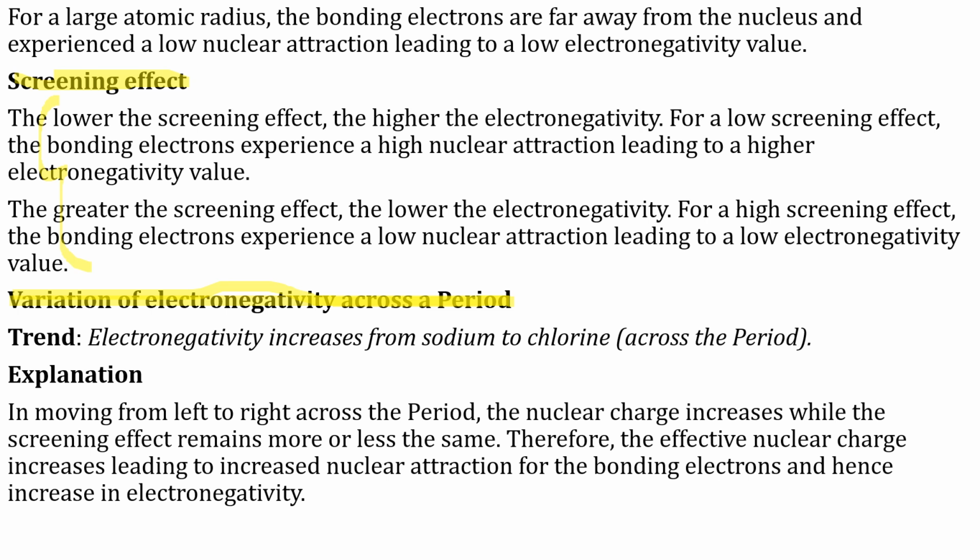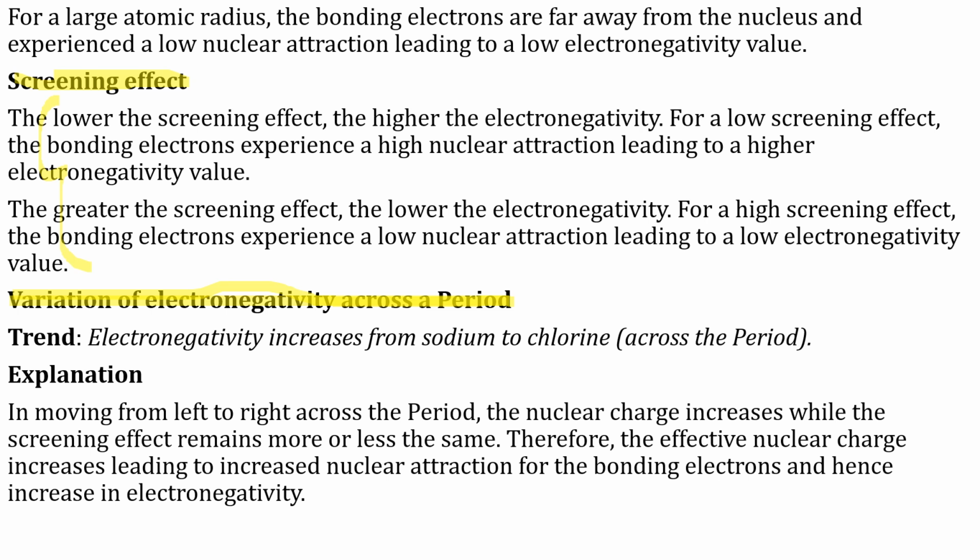You are supposed to first start by stating the trend, and then go on to explain the trend. Be conscious and aware of that. So the trend is that electronegativity will be increasing, like this is period 3. For people writing, make sure that you say, for example, period 3.